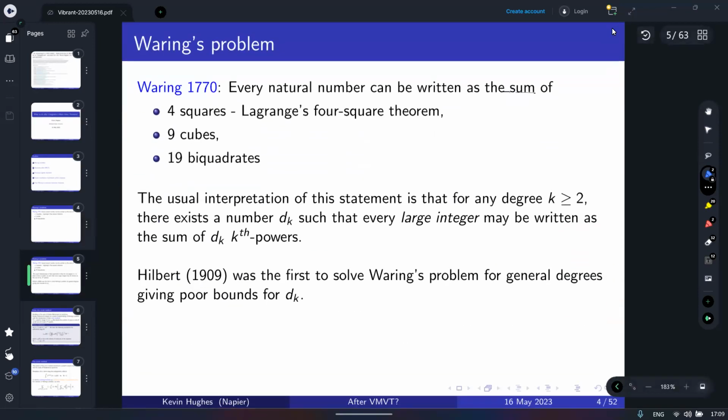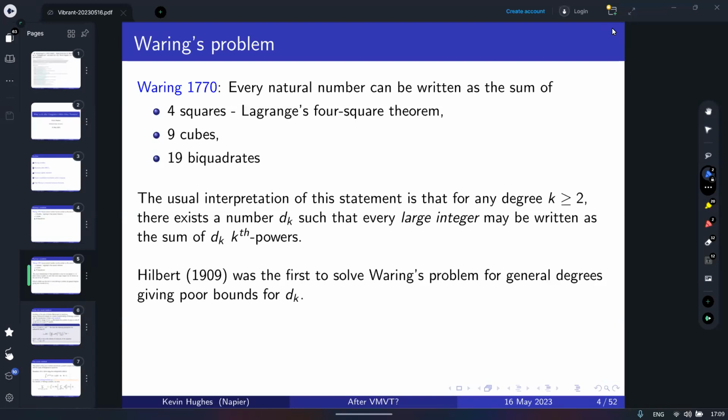And what does that mean? What is Waring's problem actually supposed to mean if this was asserted in 1770? Well, the general interpretation is that if you take any degree k, 2, 3, 4, as these first examples are, then I can find some large number of variables, which I'll write as d sub k.